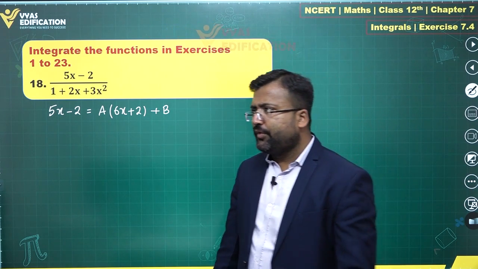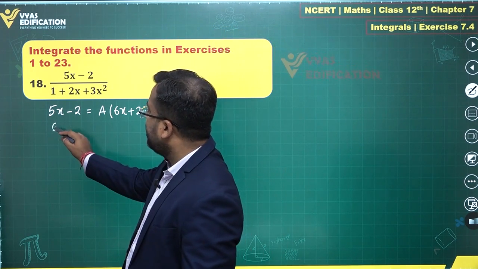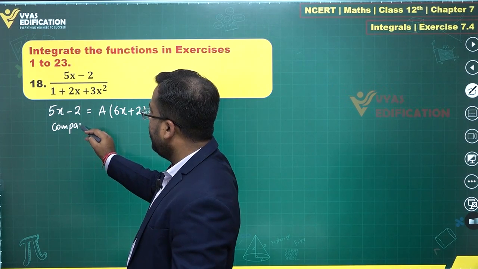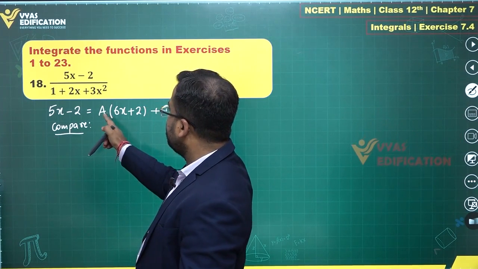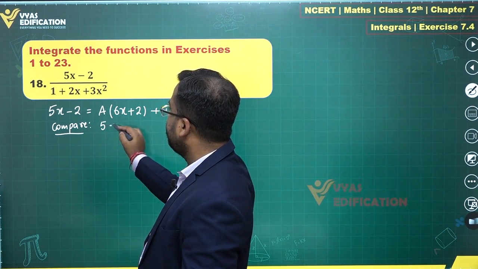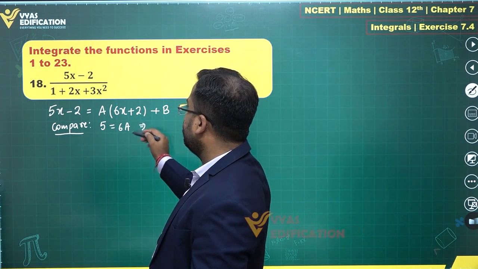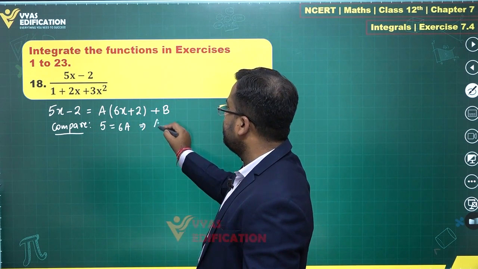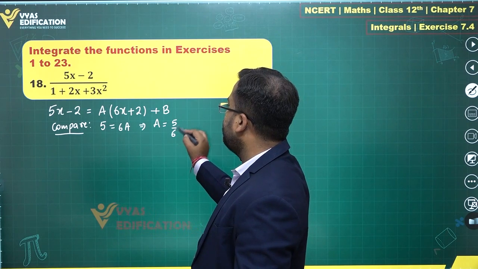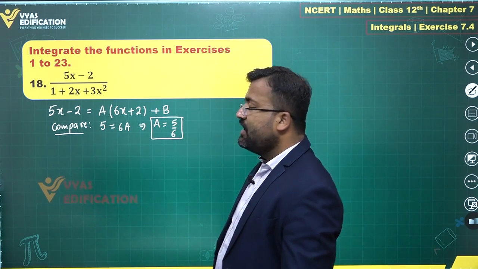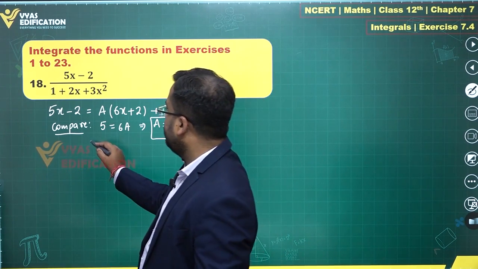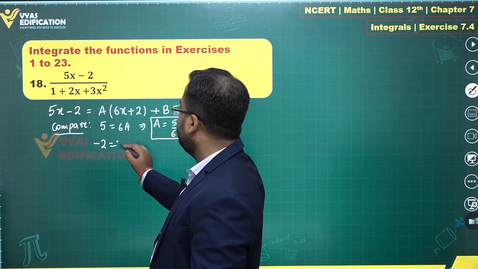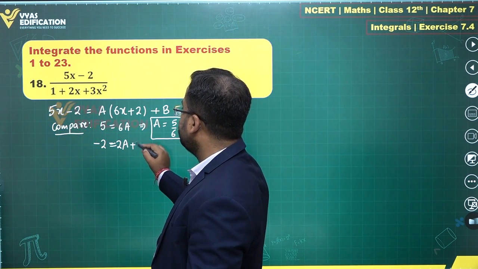Let's say form two equations to get a and b, or we can simply compare the coefficients of x and the constant term. The coefficient of x is 6a, that is 5, so that gives me a is equal to 5 by 6. That's the first thing. What next? Constant term: minus 2 is equal to 2a plus b.